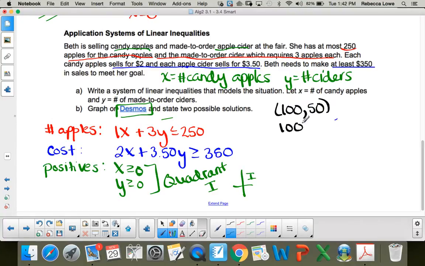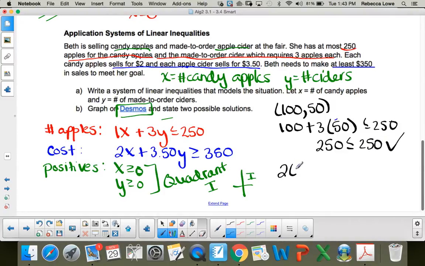So 100 plus 3 times 50, is that less than or equal to 250? That would be exactly equal to 250. So that is a solution to the first one. And then plugging it into the second one, is that greater than or equal to 350?